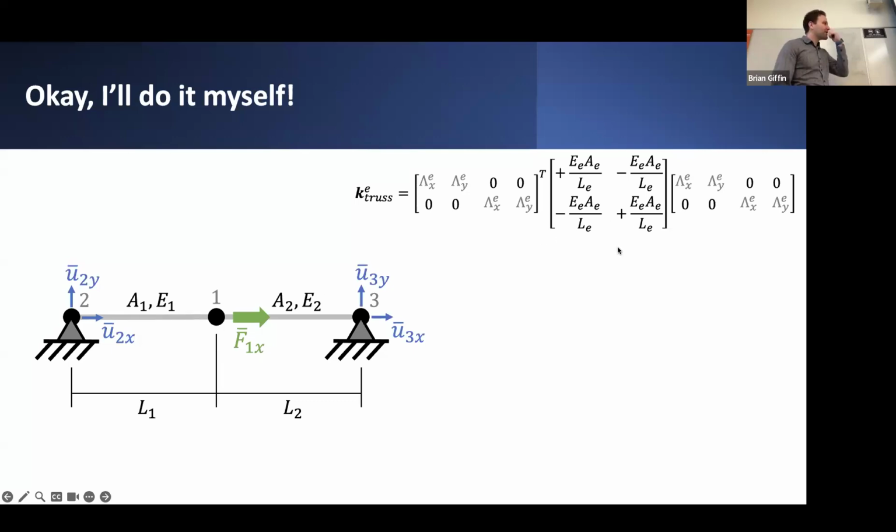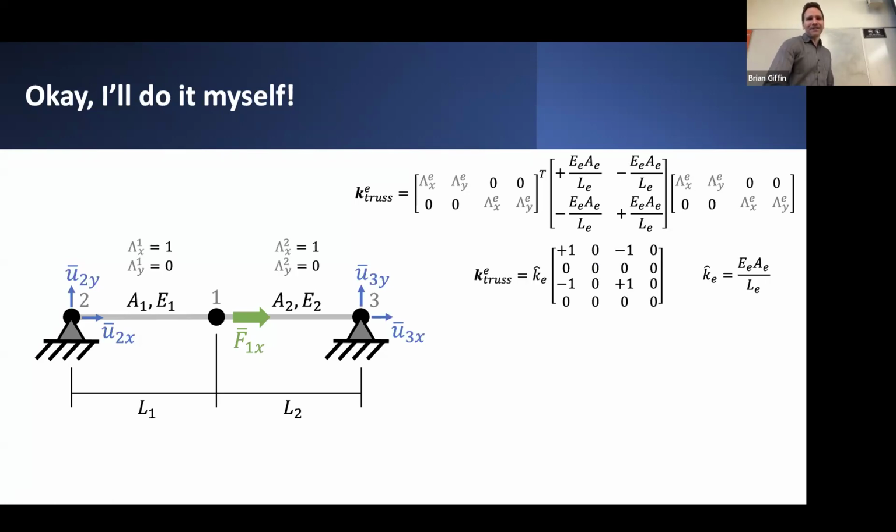It's the 4x4 stiffness matrix. And we need to know something about the orientation vectors for each of these two elements, and obviously E, A, and L, all these properties that are characteristic of the length, cross-section and material properties. Okay, so if we want to define the truss element stiffness matrix for each of these two members, again, we need to determine what the orientation vectors are for these two elements.